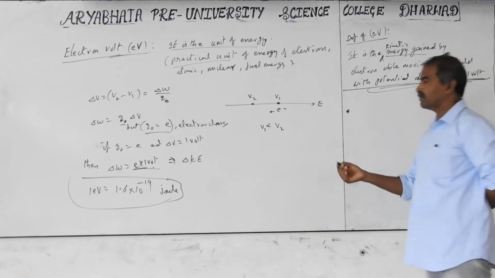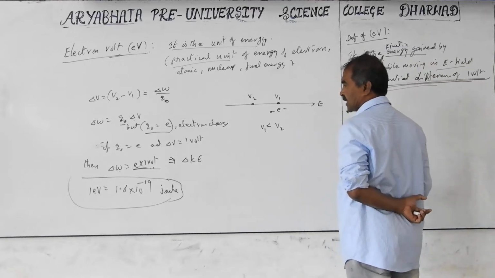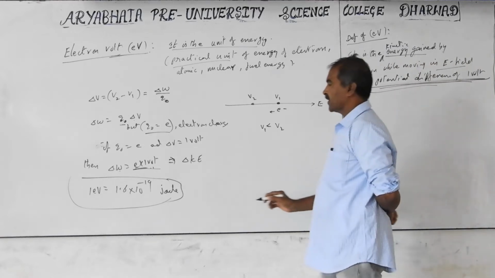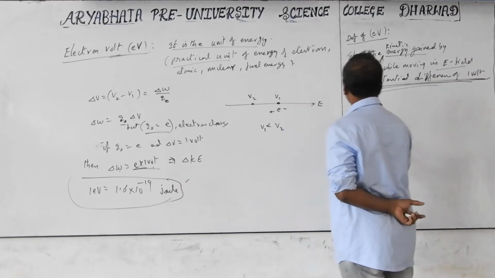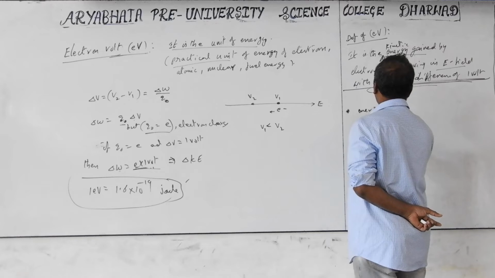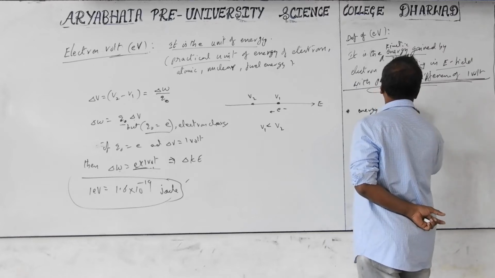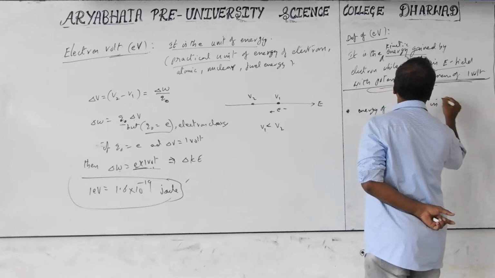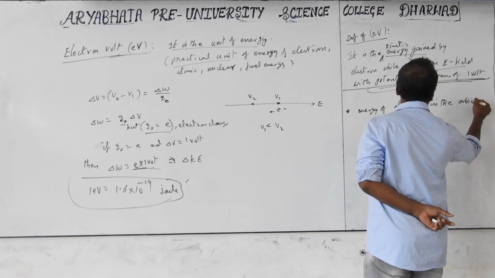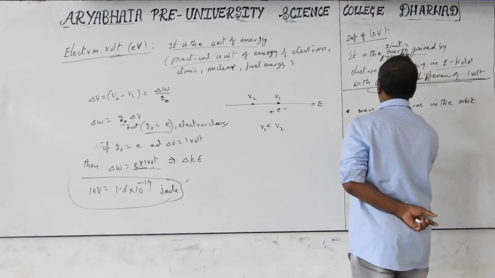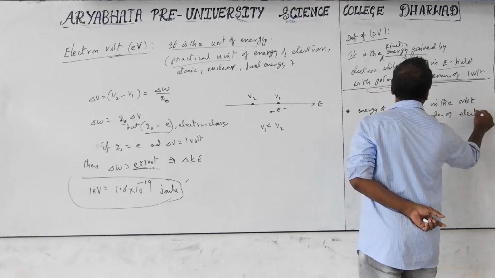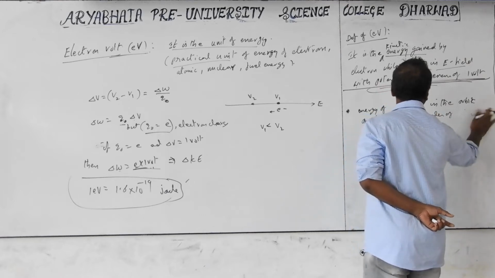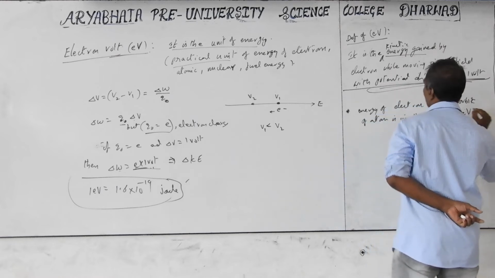The energy of an electron in the orbits of an atom is in the order of electron volts, the order of eV.